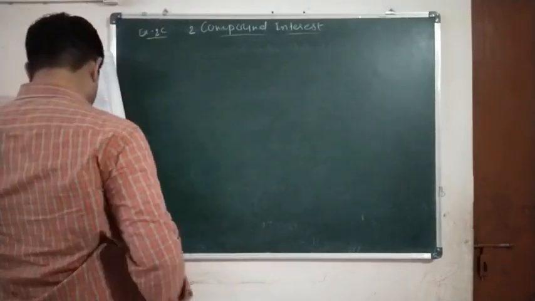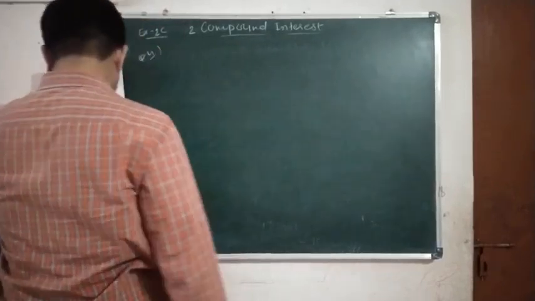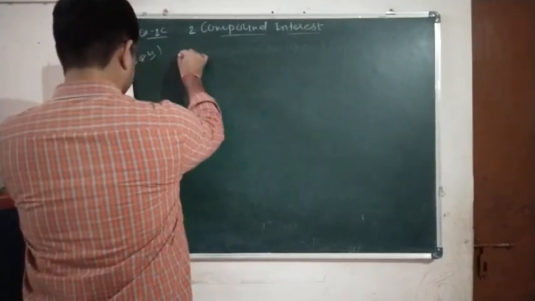Okay, question number 4. 3 years ago, the population of a city was 50,000.